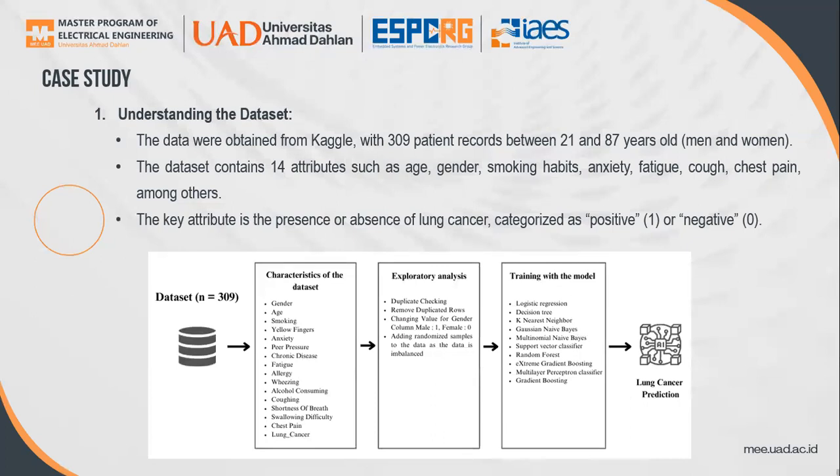The dataset contains 14 attributes, such as age, gender, smoking habit, asphyxiation, fatigue, cold, chest pain, among others. The key attribute is the presence or absence of lung cancer, categorized as positive 1 or negative 0.